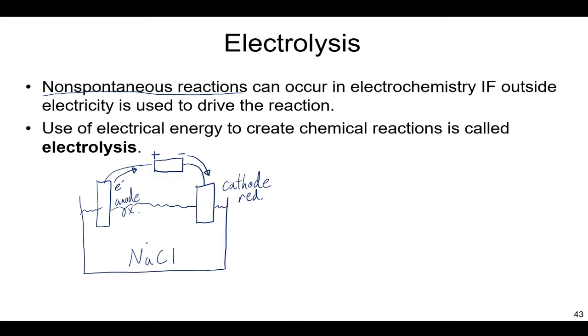So if this is sodium chloride, actually what will happen here is you're pulling electrons off of this anode, this metal species. The metal does not have to be sodium or chlorine. It's usually not. It's going to be some other metal that conducts well. And you're going to pull electrons off of here, and so you're creating a bunch of positive charges here. Well, what's floating around here is chloride. So these negative chloride ions are going to come by here and neutralize this electron, and they're going to become chlorine atoms.